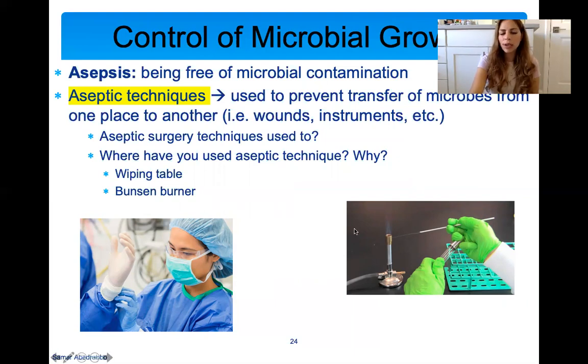And in lab, we talked about that with sterile techniques. With aseptic technique, you're making sure that the loop you're using to transfer bacteria, you're passing it through the flame, you're wiping your surface. So aseptic technique is very important to prevent contamination of your surface or of the patient.